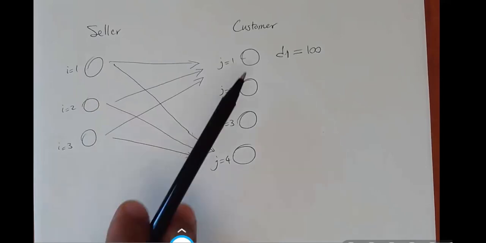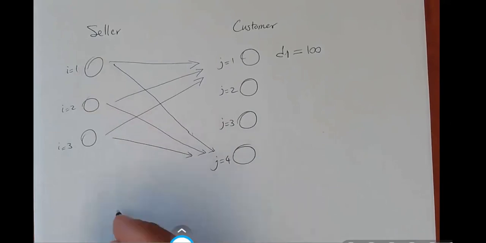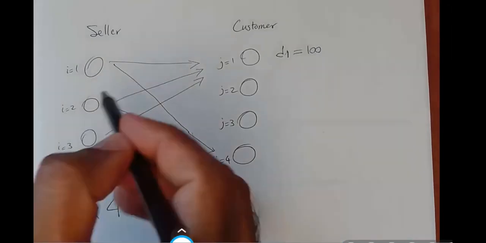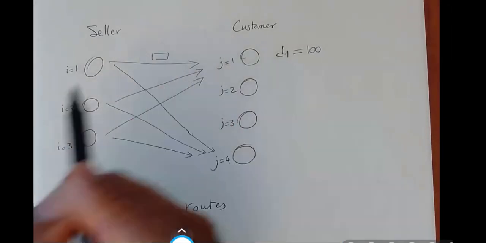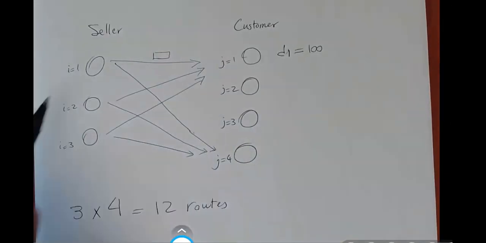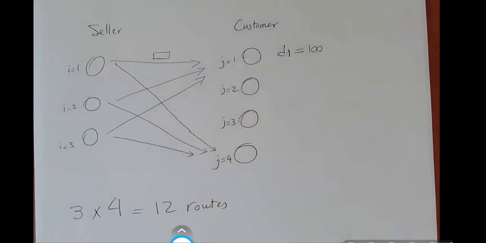And indeed, we have 4 customers, 3 sellers. So in total, we will have 3 by 4, 12 routes. Total routes. And the question here is how much item to sell through each one of these routes, how much item to be shipped from each seller to each customer.